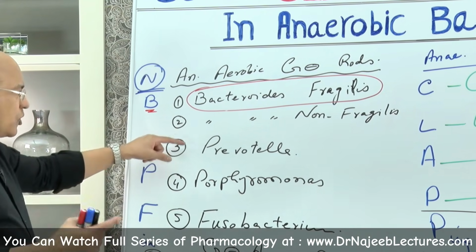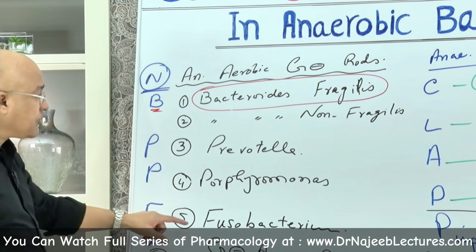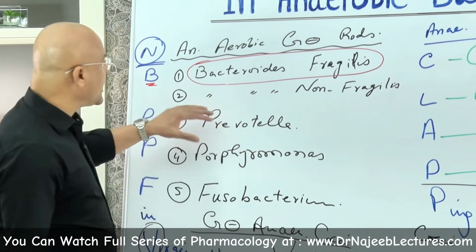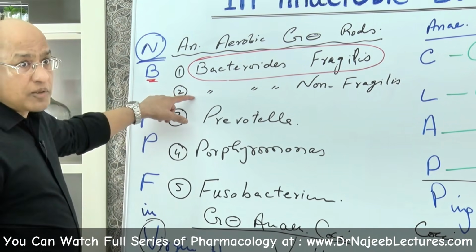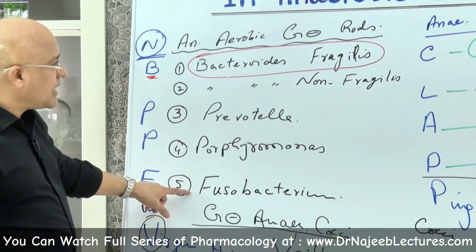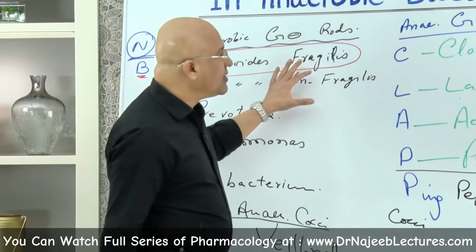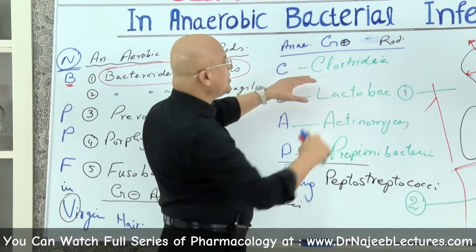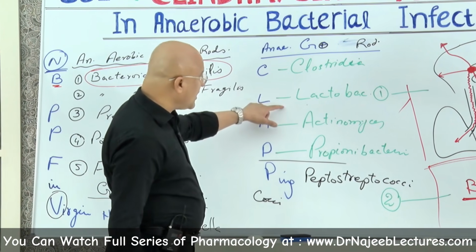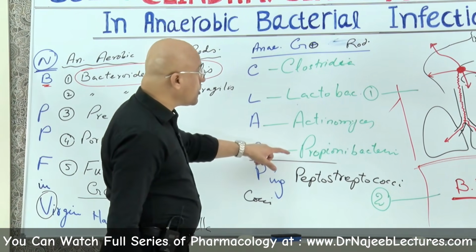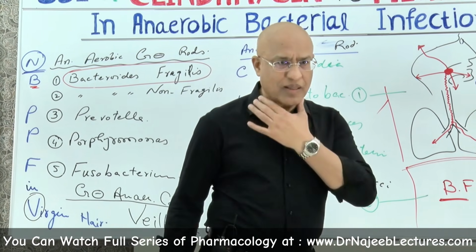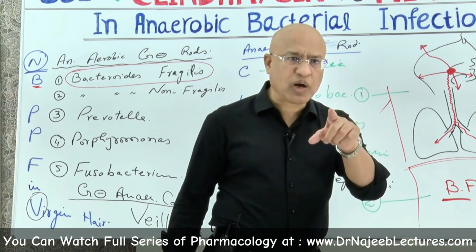And of course, they do have Prevotella, Porphyromonas, Fusobacterium, and they might even have Veillonella, but more important are Bacteroides non-fragilis, Prevotella, Porphyromonas, Fusobacterium. Clostridia are less common in the oropharynx, but some Lactobacilli and Actinomyces are very common, Propionibacteria are there, and Streptococci are there.